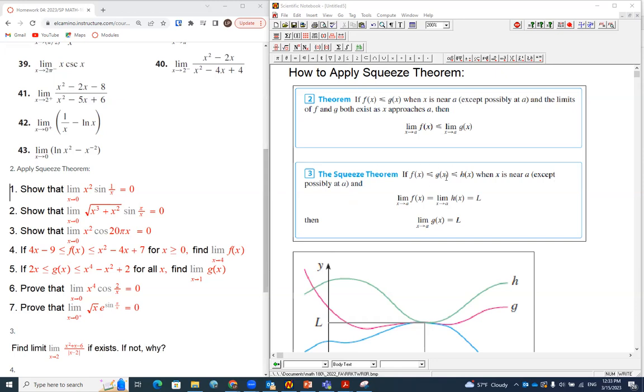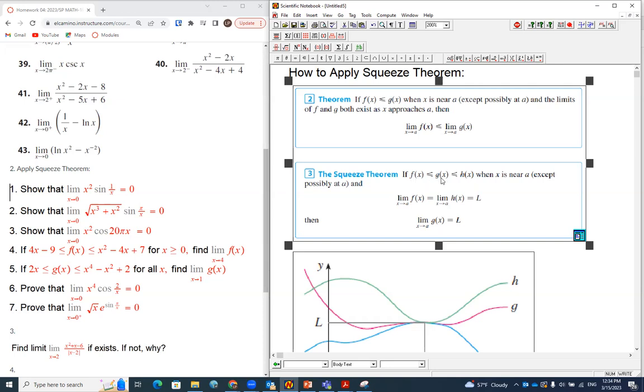The Squeeze theorem says if G is between F and H, when X is near A, except possibly at A. Okay, we must understand this phrase. What does this mean? It means that F, G, H, right?